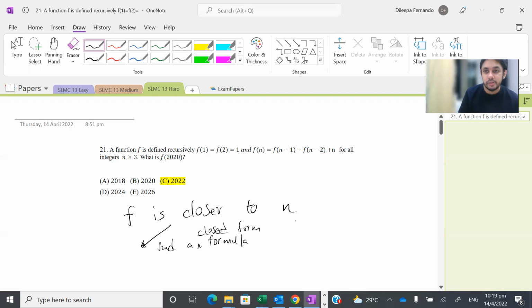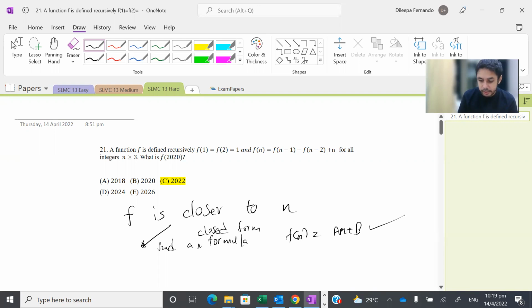So you may try to solve the recursion and find Fn equals something like an + b. So this is one approach, but we don't know whether we can actually find the closed form formula.